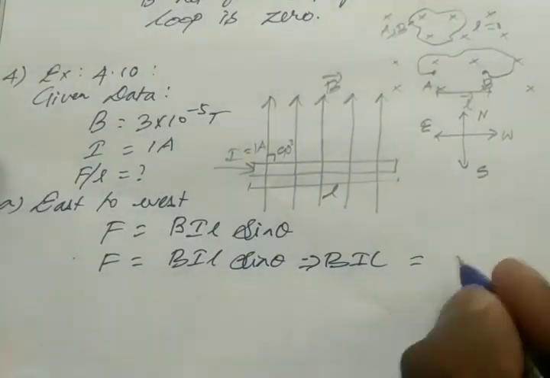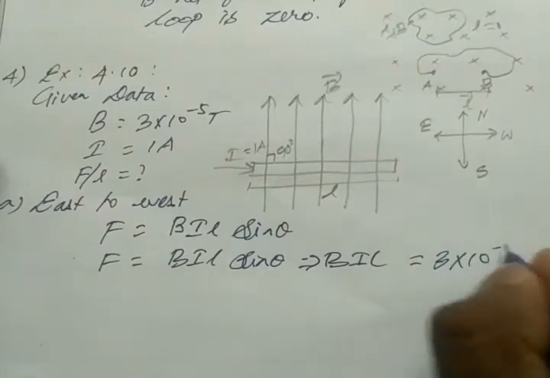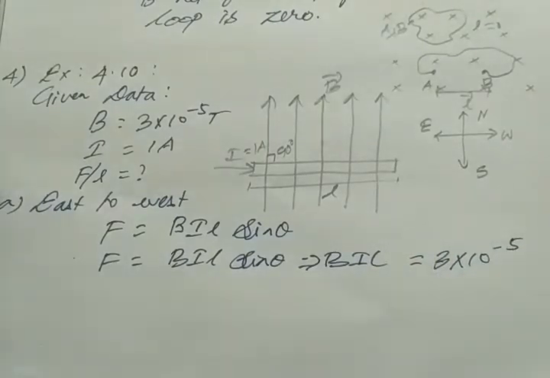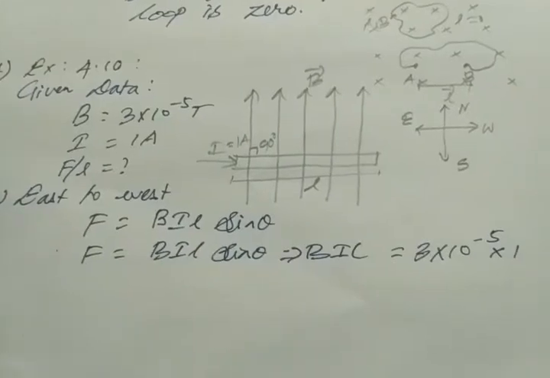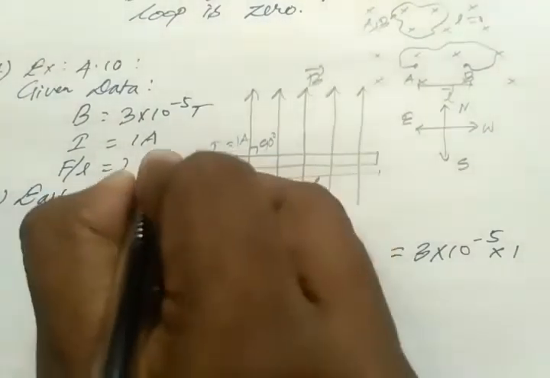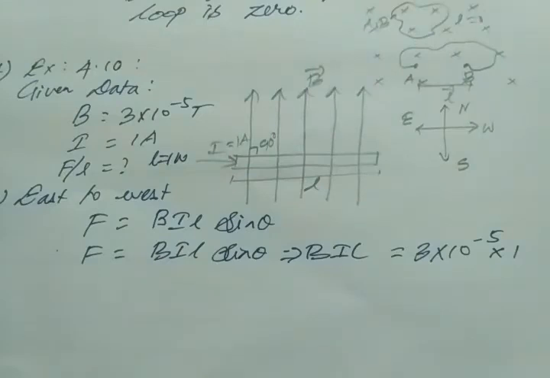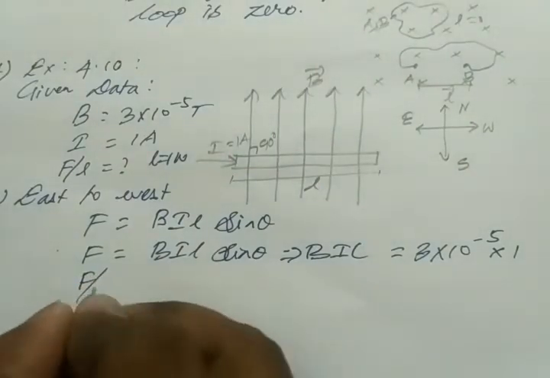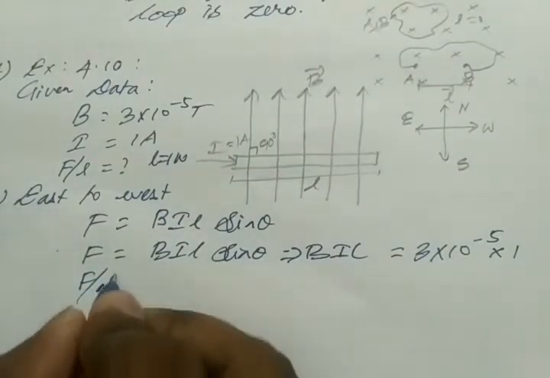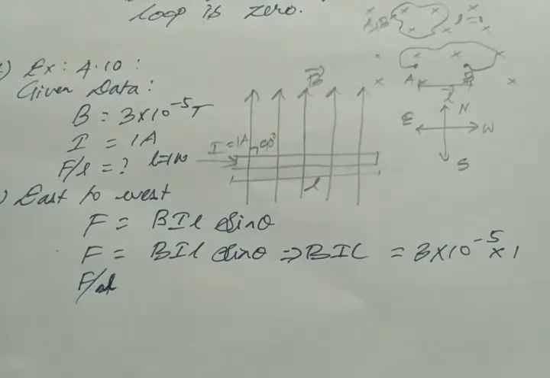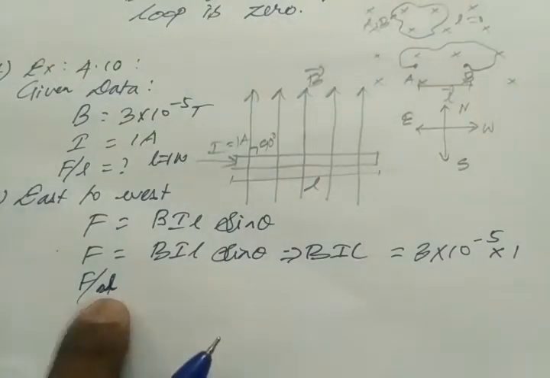So what is B? 3 into 10 power minus 5. What is I? 1 ampere. What is L? It is given per unit length. So whenever it is given per unit length, we can take L as 1 meter, or we take force per unit length, F by L. Clear?